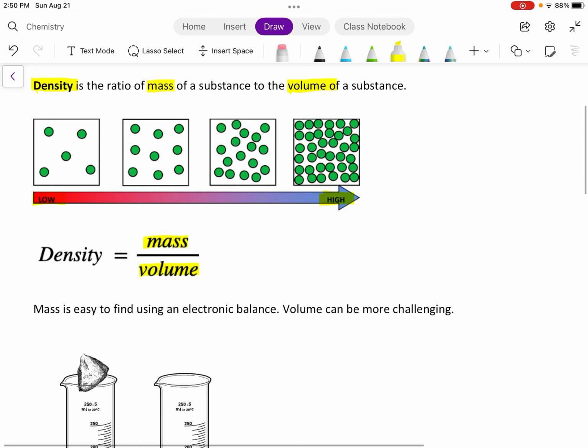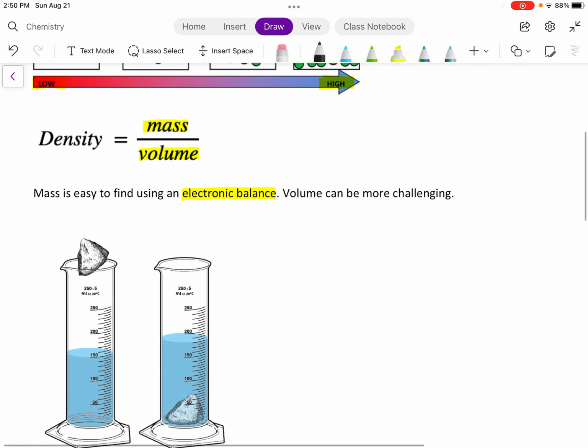Mass is pretty easy to find using an electronic balance, but volume can be more challenging. So you probably know from math class that volume can be length times width times height. But if you have something like this rock, it's not regular shaped.